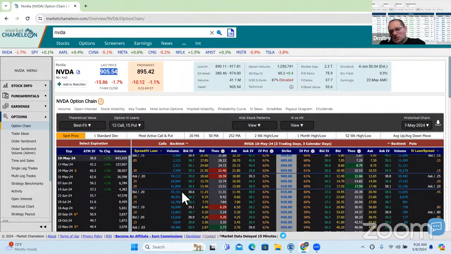It's competition. So that's what an implied volatility pump would look like. You're looking at this option, let's say, and you see that 38.5 is the bid, but you're like, well, I need this option.